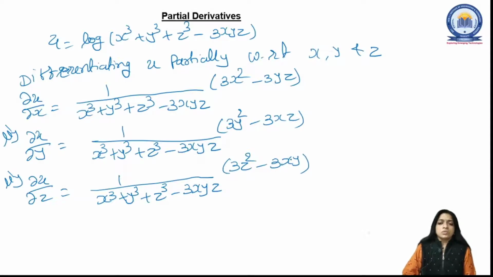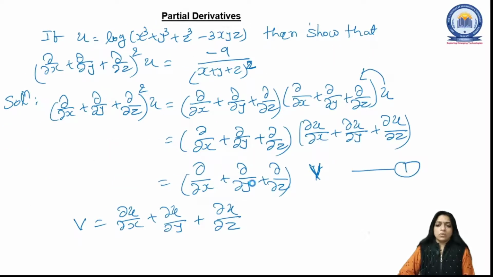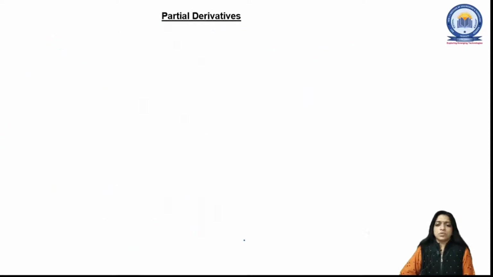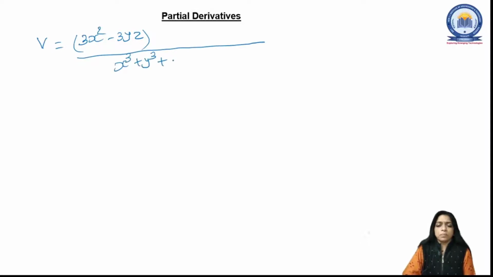Now I am going to sum all these values for v. As v is del u by del x plus del u by del y plus del u by del z, after substituting, the numerators are 3x square minus 3yz for del u by del x, plus 3y square minus 3xz for del u by del y, plus 3z square minus 3xy for del u by del z, and the denominators are the same, x cube plus y cube plus z cube minus 3xyz.